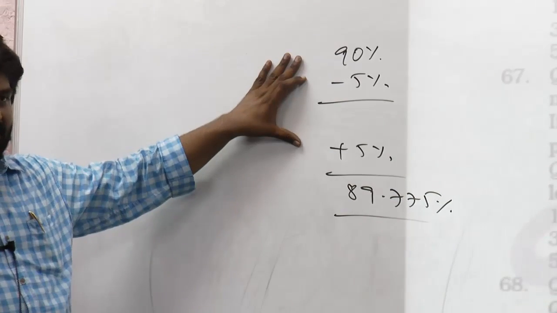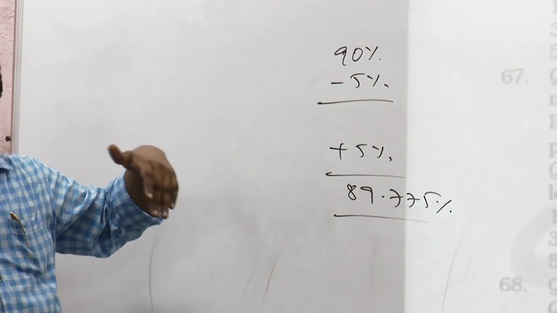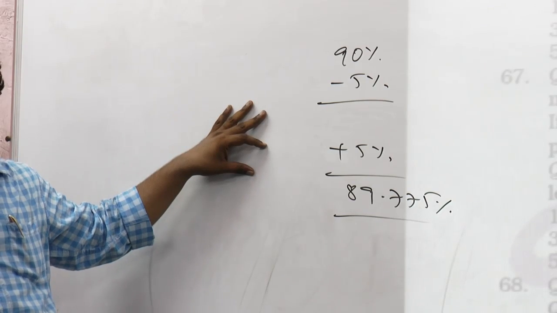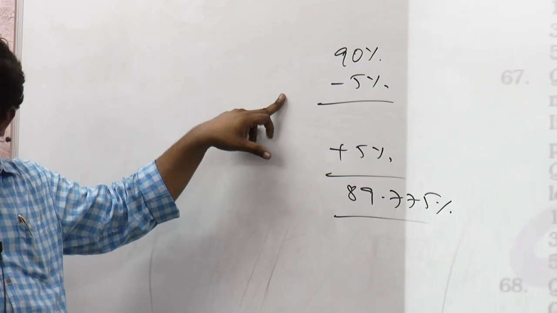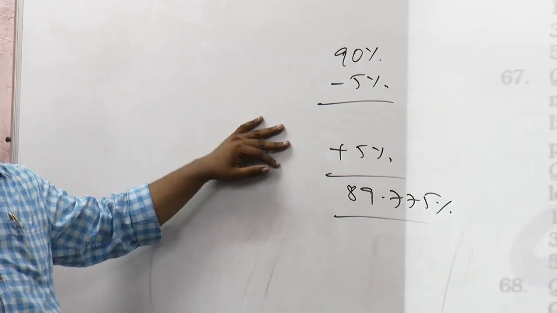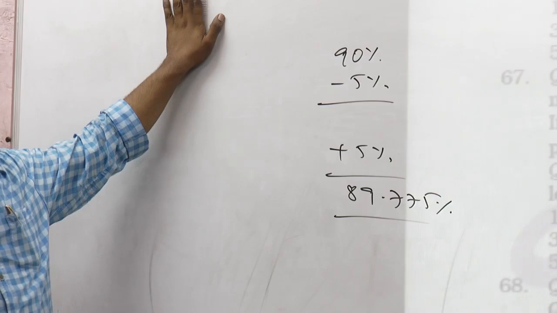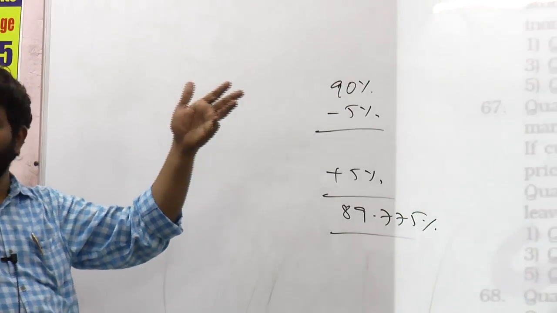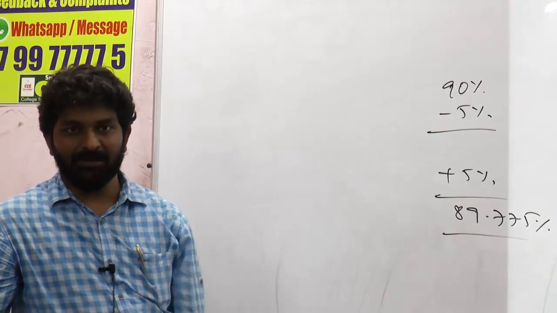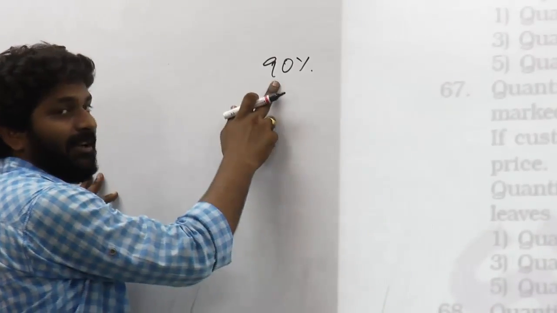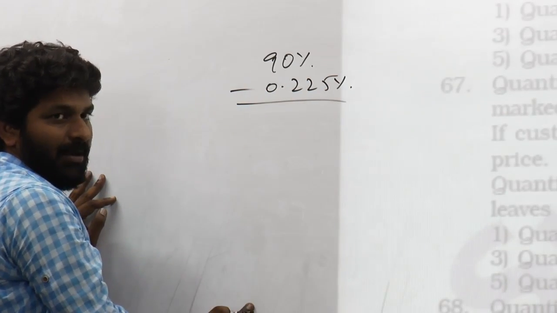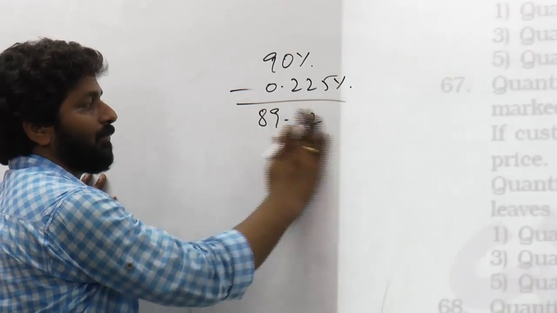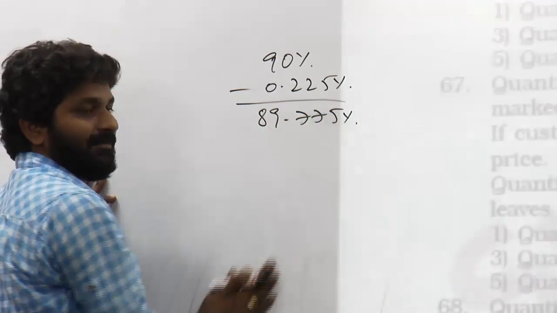Don't want to do it twice, because I know that if I increase its value by X% and then decrease by X%, or decrease X% first, then increase X%, whatever it is, you will get X square by 100% loss, 25 by 100% loss, 1/4% loss. 1/4% of this number is 0.225% loss, right? So minus, 89.775%.